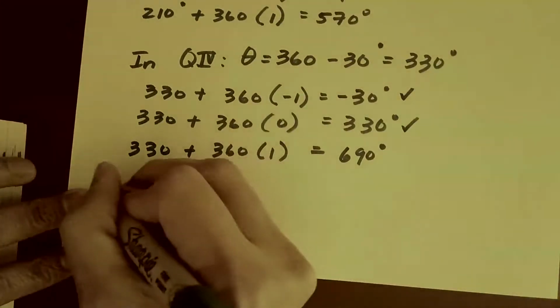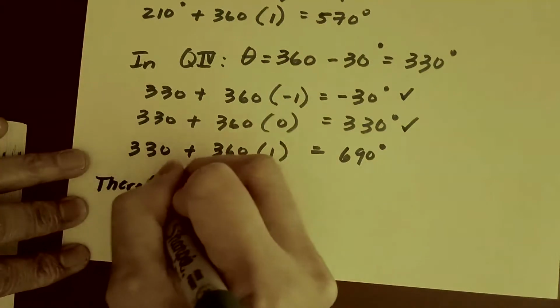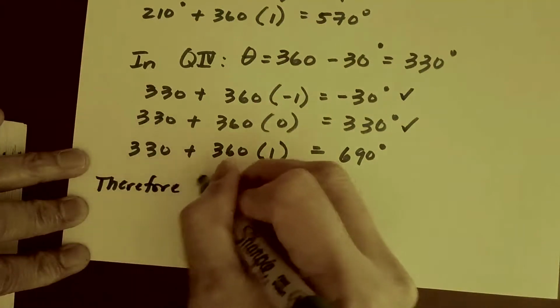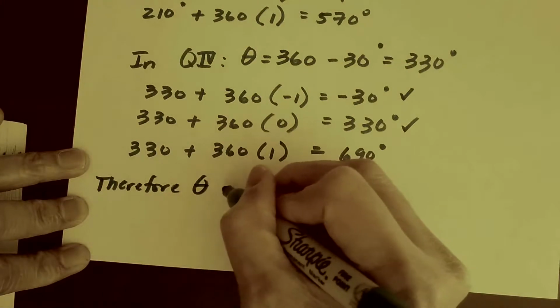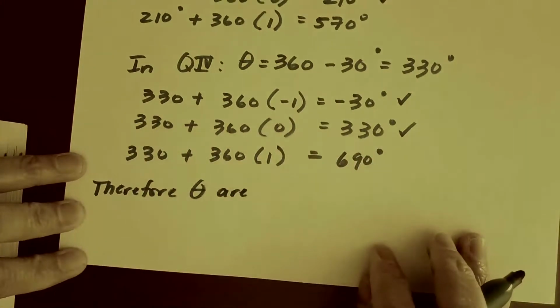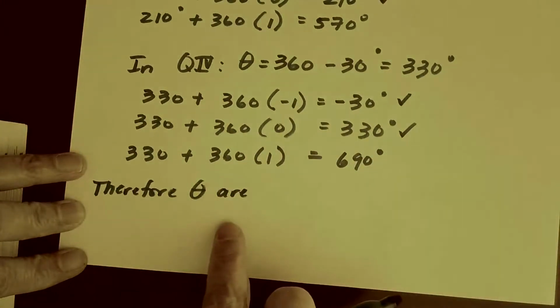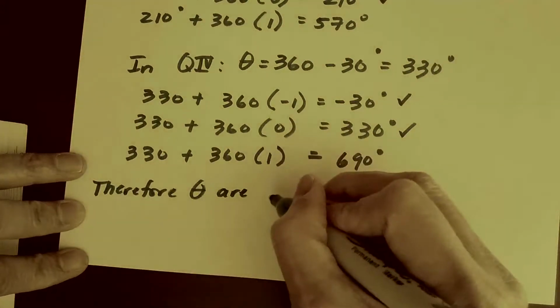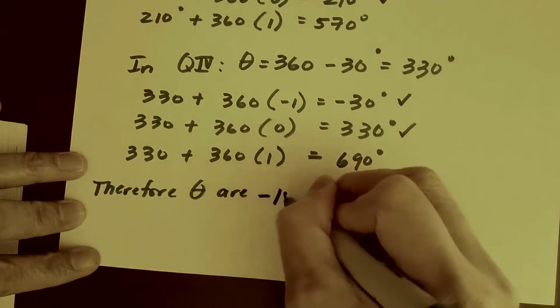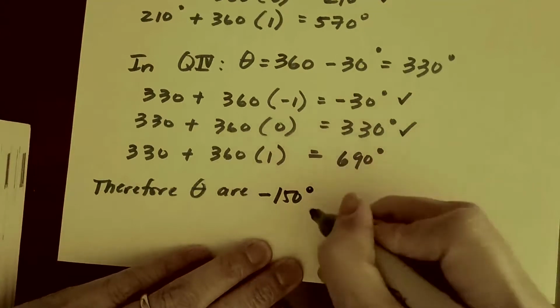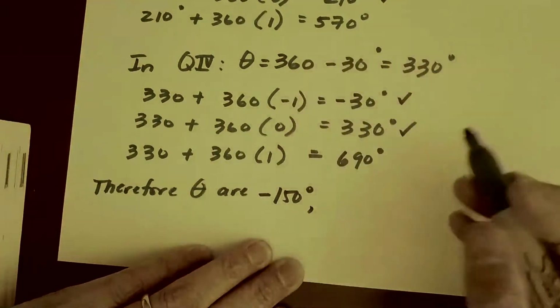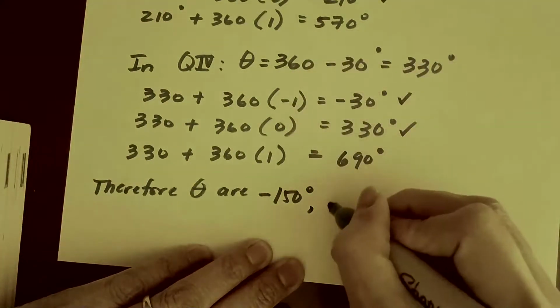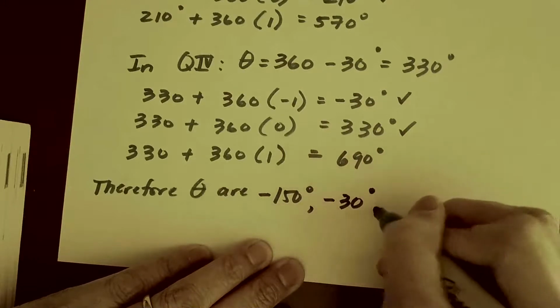So all solutions for theta are negative 150 degrees. I'm just going to write it down from smallest to biggest. It doesn't have to be in any particular order as long as you have them.